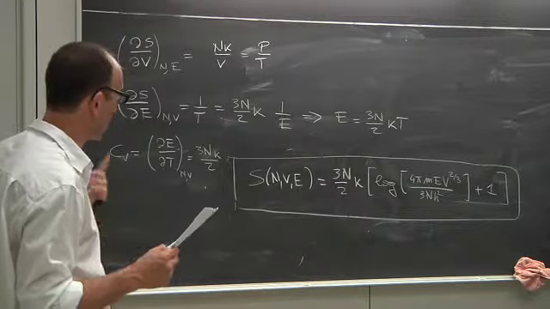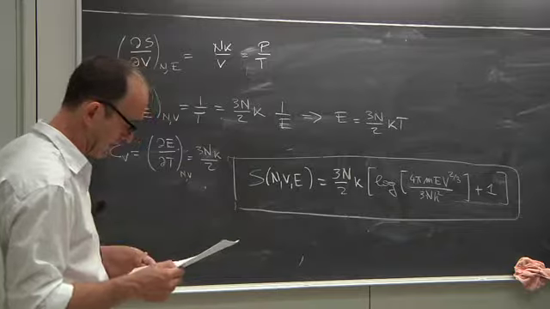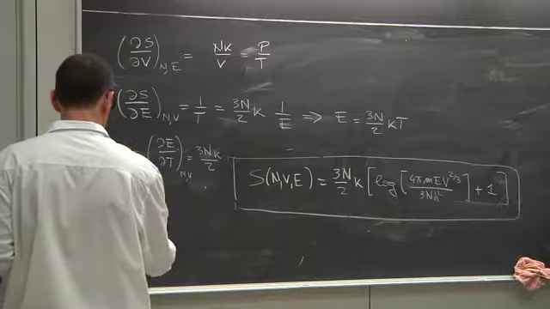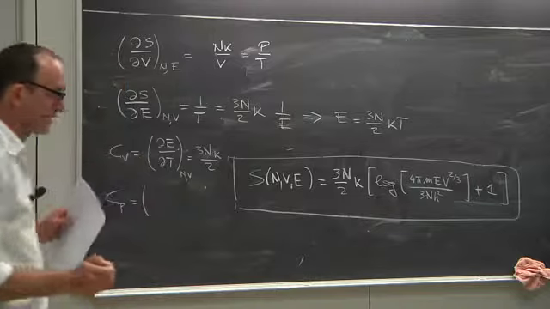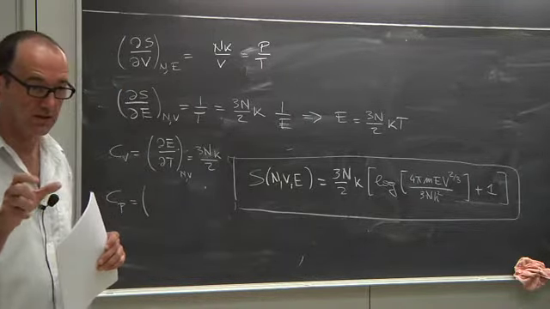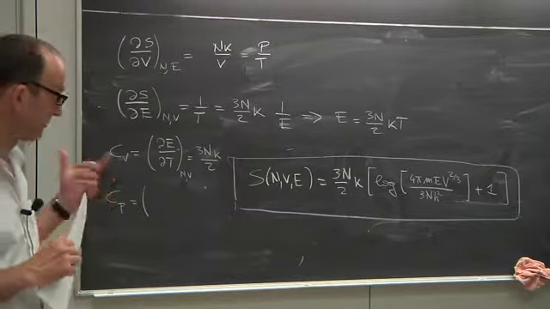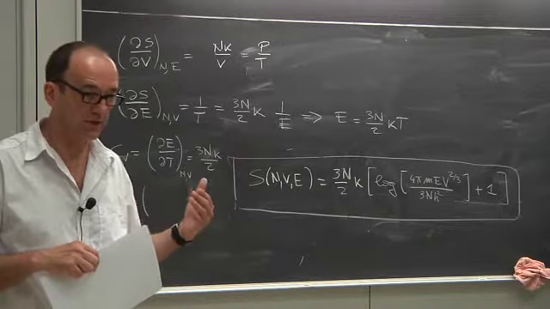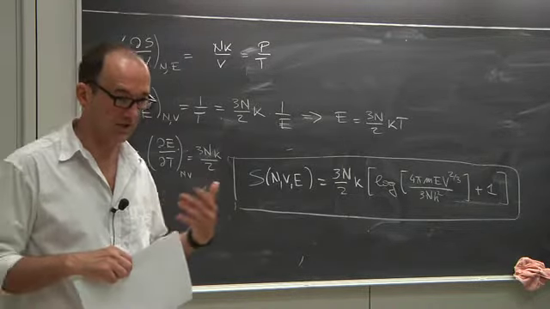Let's also compute the specific heat at constant pressure. Then you have to consider that the heat absorbed when you change temperature also comes from the fact that, if the pressure is constant, the volume will change, and then there will be some work done on the system.